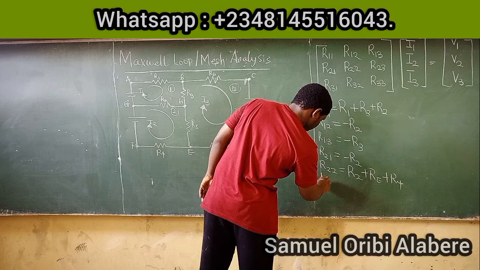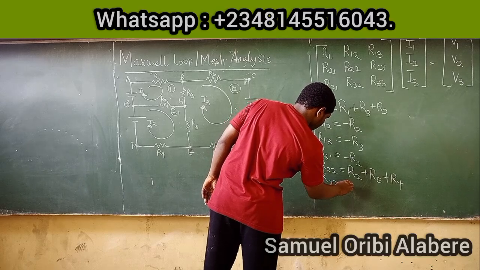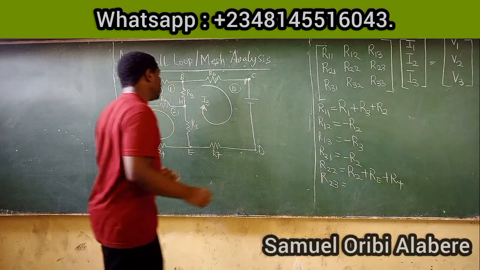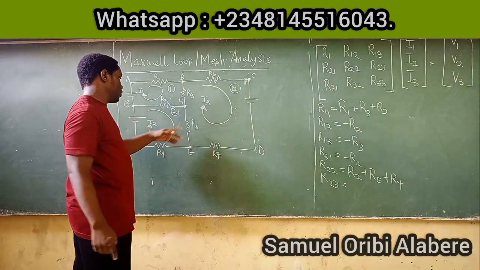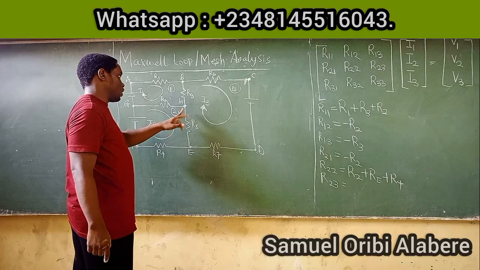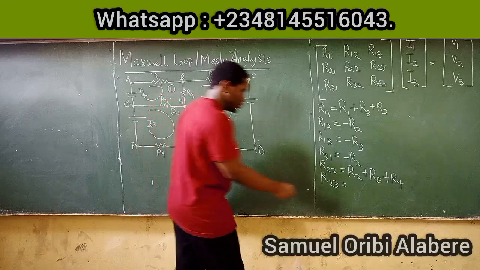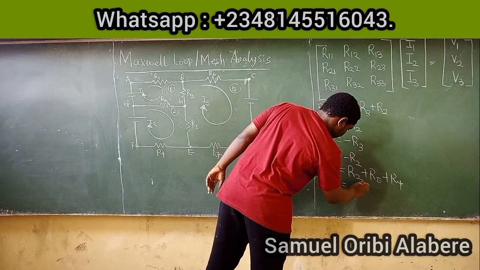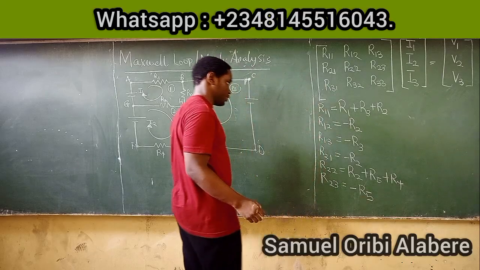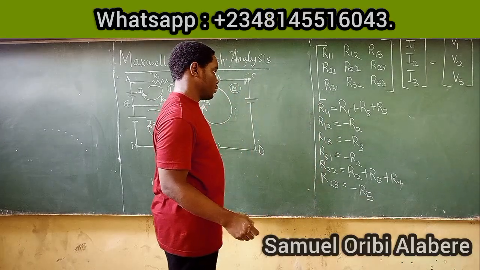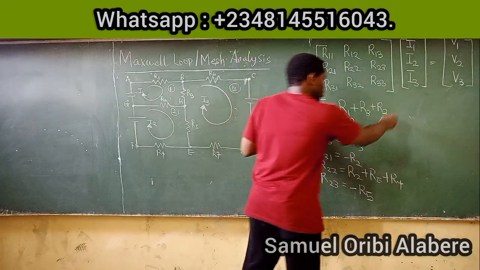Our next value that we are looking for will then be R23, which is the common resistance between loop 2 and loop 3. So the common resistance between loop 2 and loop 3 is R5, which is equal to negative R5.